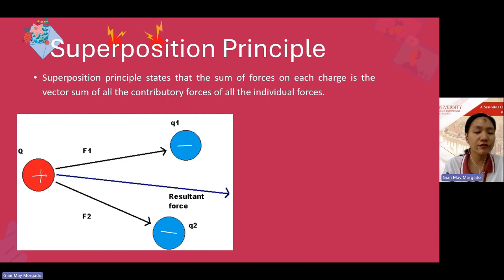And then we have the negative charged particles exerting an attractive force on the positive particle. Why attractive? Because they are different in nature. And we all know, as mentioned earlier, that like charges repel and unlike charges attract.